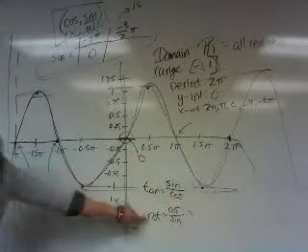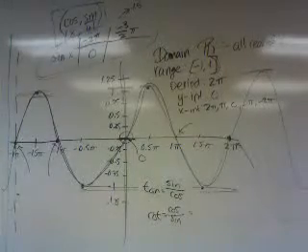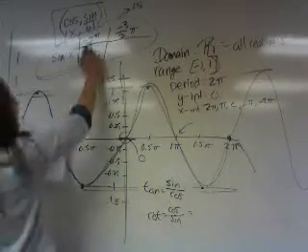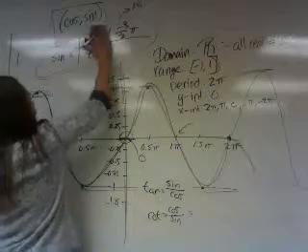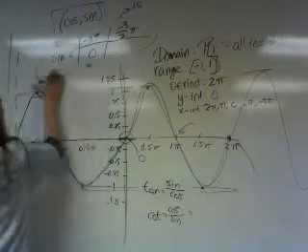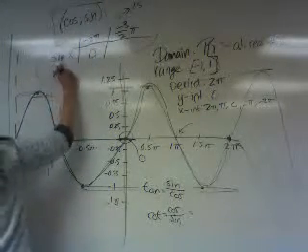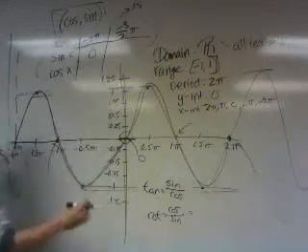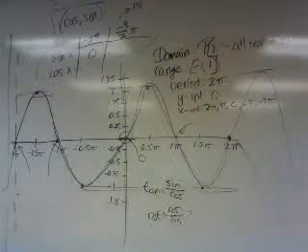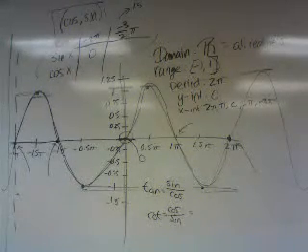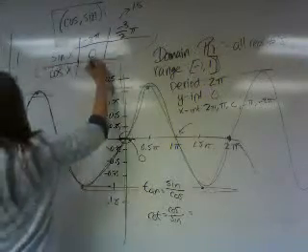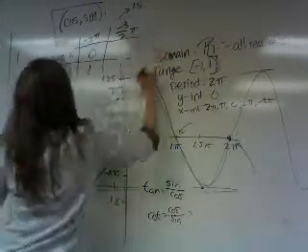So let's do one together. The first thing in your chart is negative 2 pi. We know for sine that's 0, and for cosine it was 1. We'll do the next one too.